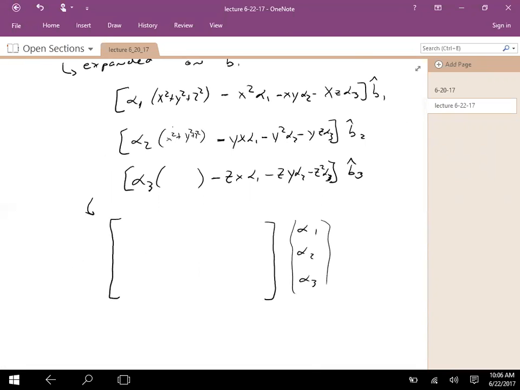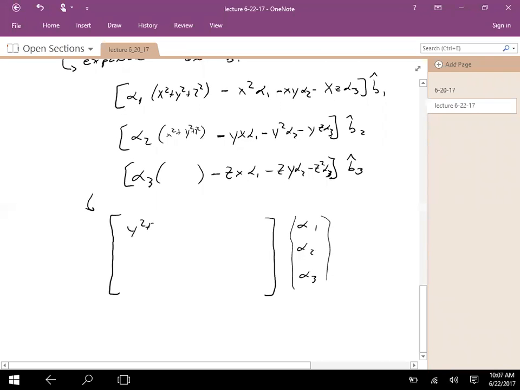We got alpha 1 y squared plus z squared minus alpha 1 x squared, exactly. And if we move across, the coefficient of the alpha 2 is minus xy, and then the coefficient of the alpha 3 is minus xz.